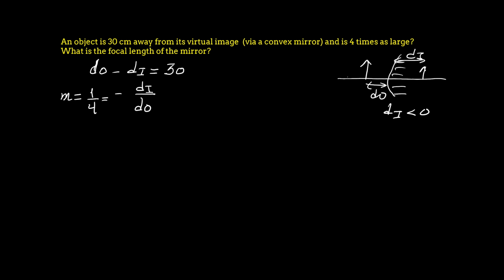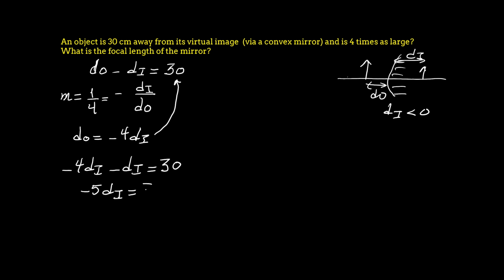So now DO is negative 4 DI. Let's plug this in here. For DO, negative 4 DI minus DI is 30. Negative 5 DI is 30. DI is negative 6 centimeters.